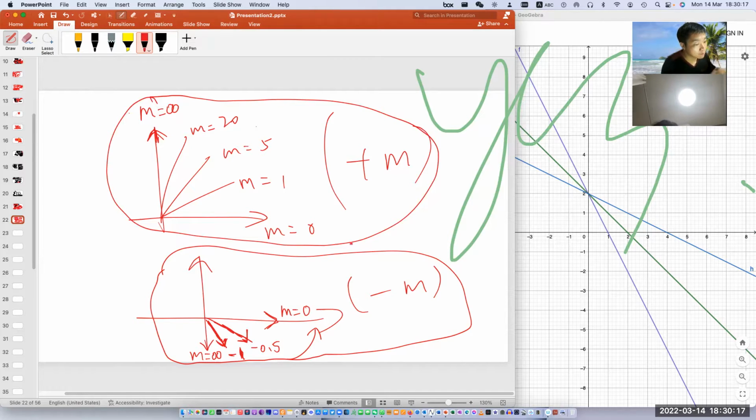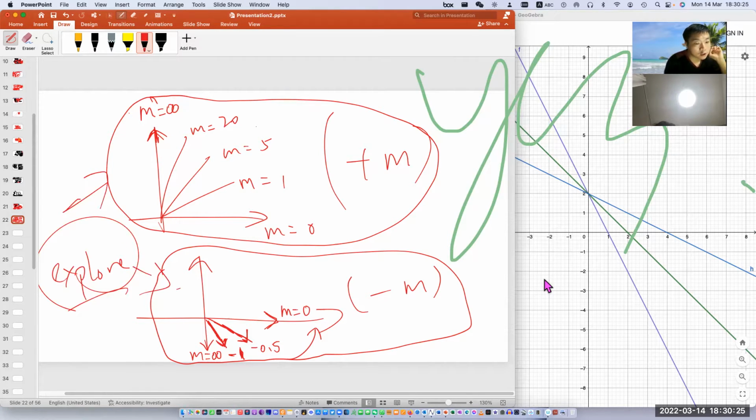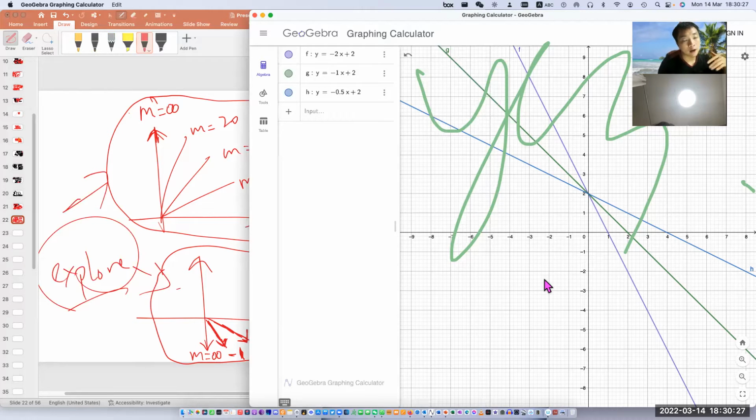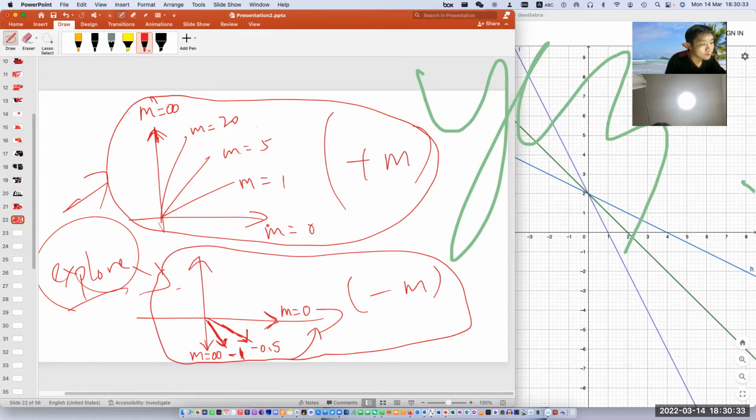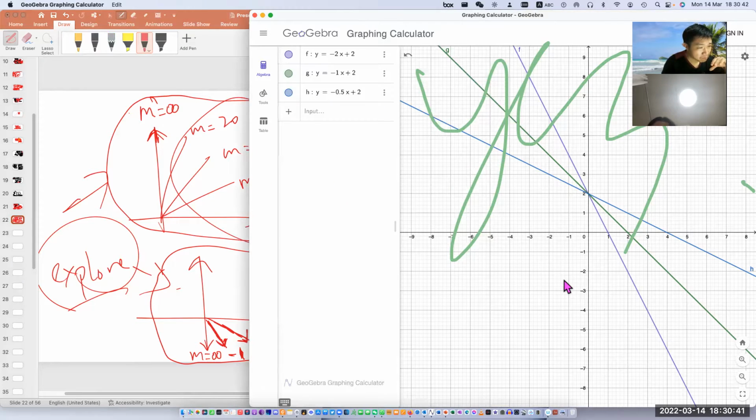I will give you questions to explore these two. For the next lesson, I hope you start to use the GeoGebra app, because I find it so easy for you to explore the impact of increasing gradient, both positive and negative. Today we will conclude here.